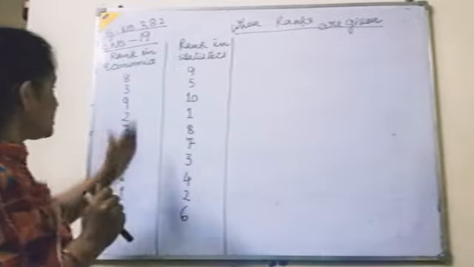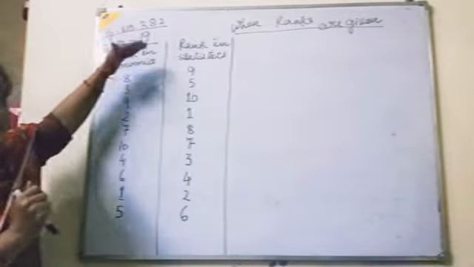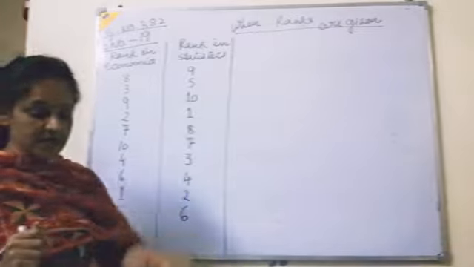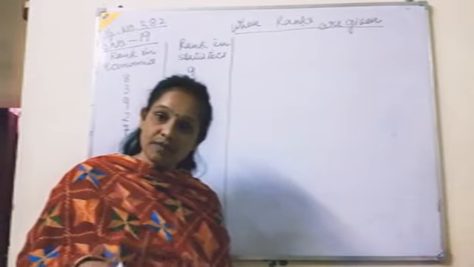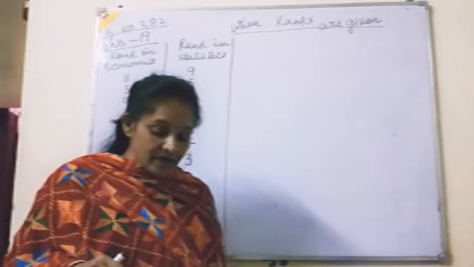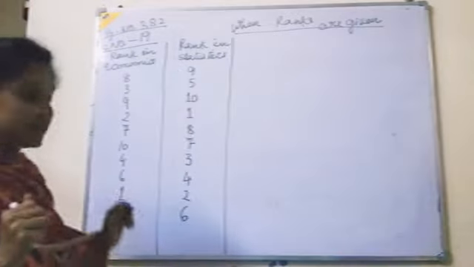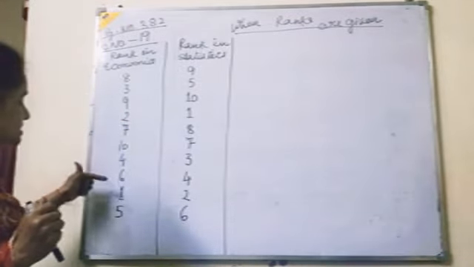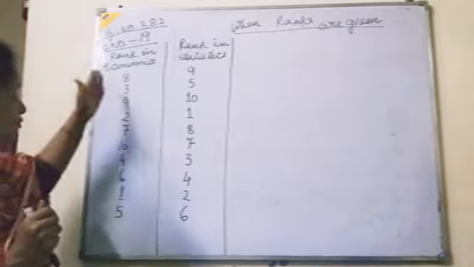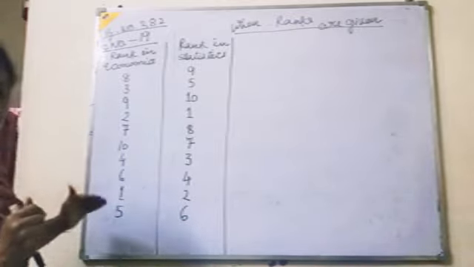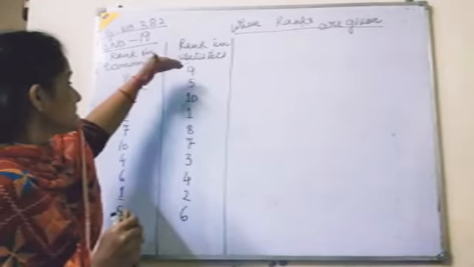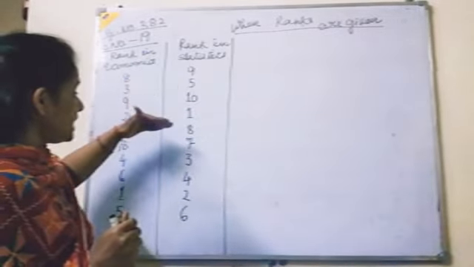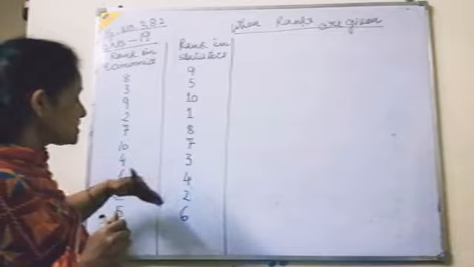This is the question given: rank in economics, rank in statistics. Rank in economics is 8, 3, 9, 2, 7, 10, 4, 6, 1, 5. Means the values are either 10 or less than 10. Similarly, rank in statistics is 9, 5, 10, 1, 8, 7, 3, 4, 2, 6.